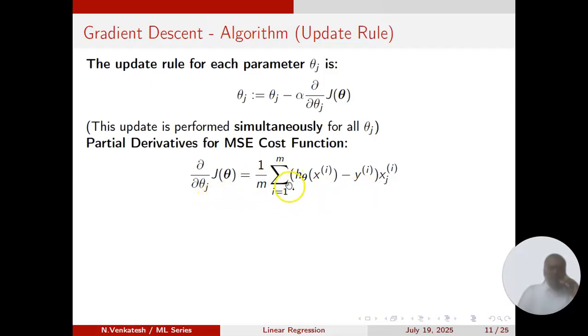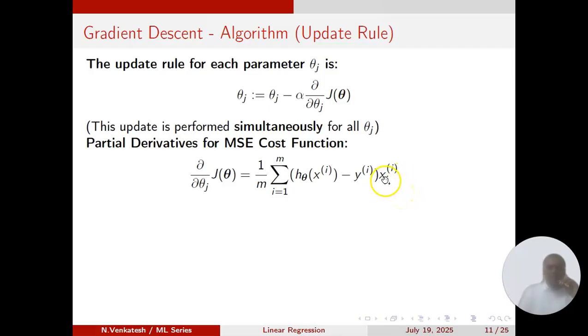That is nothing but, the 1 by 2 will cancel out, and you get sigma i equals 1 to m, the predicted value minus actual value into xj of i.